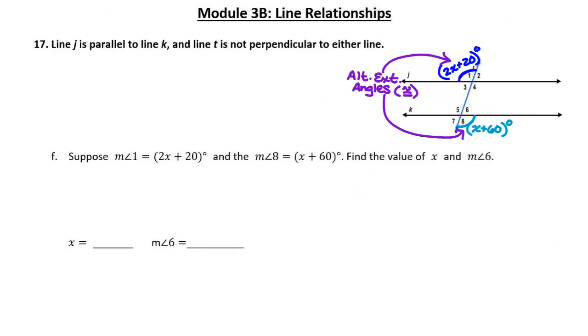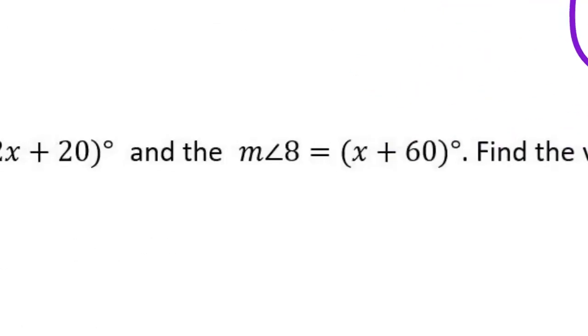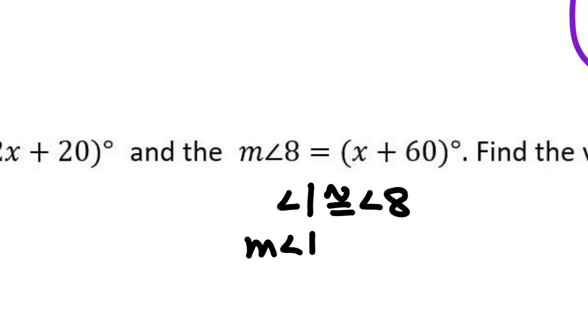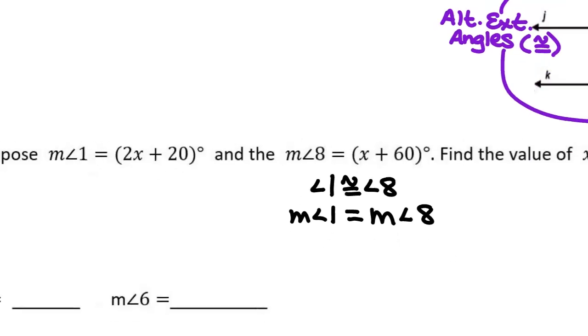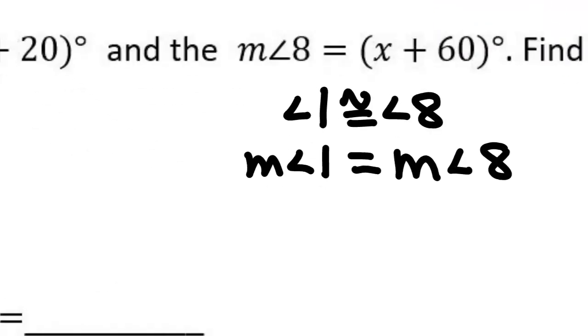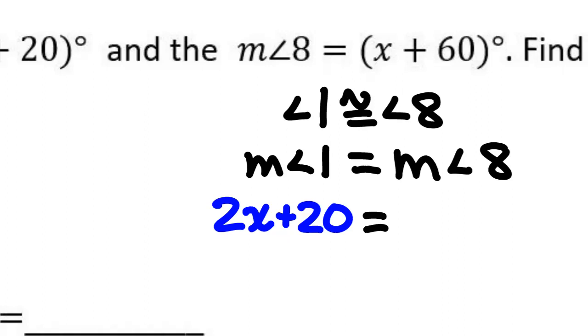And what can we do with things that are congruent? Set them equal. That's absolutely right. So angle 1 is congruent to angle 8. That means the measurement of angle 1 is equal to the measurement of angle 8. So that means 2x plus 20 is equal to x plus 60.